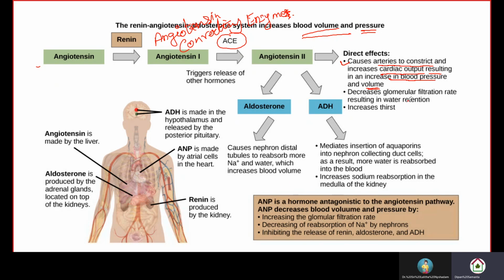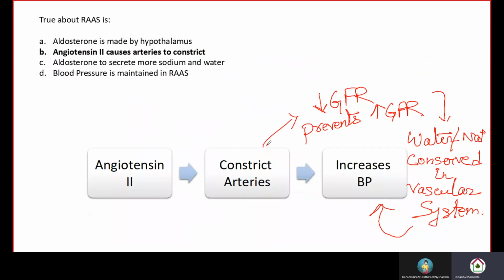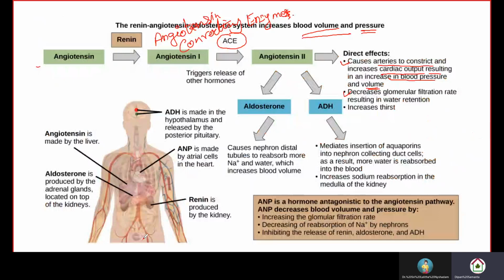And it decreases glomerular filtration rate, just as we discussed in the previous slide, resulting in water retention. It increases thirst. Angiotensin 2 increases thirst, so that we take more water. These are all direct effects.